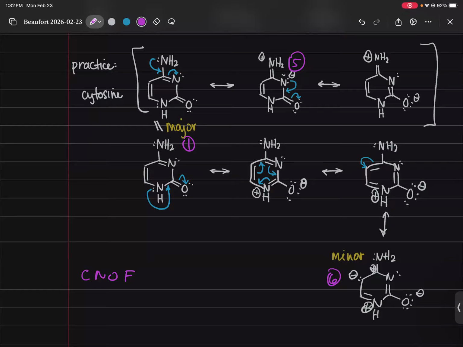And then the last rule is more substituted carbocation. And that's not an issue here because our three remaining structures don't have any carbocations. So based on these rules, we could say that they're all equal and they're kind of in the middle.